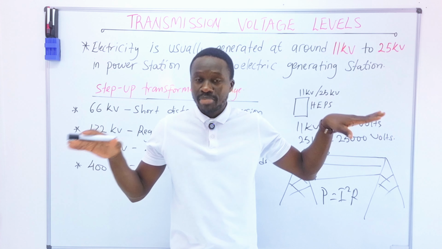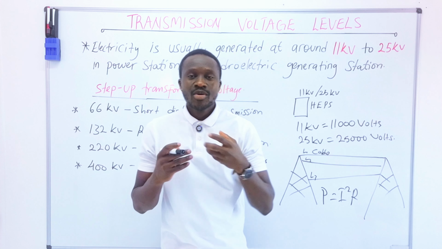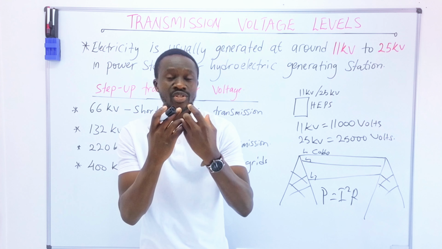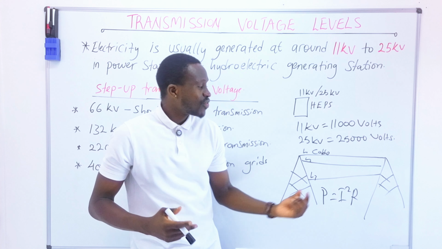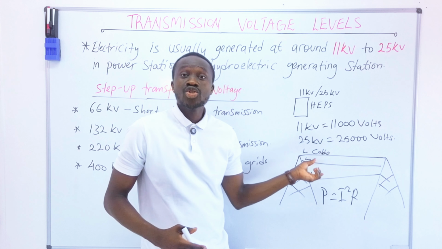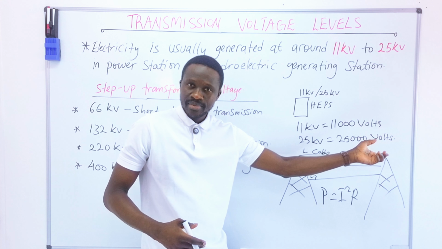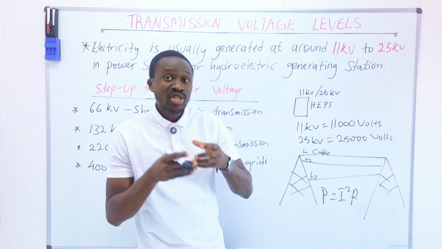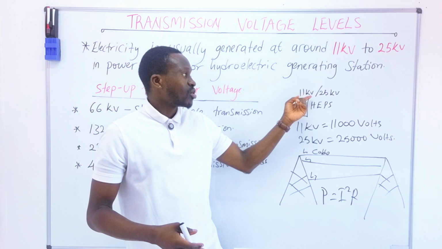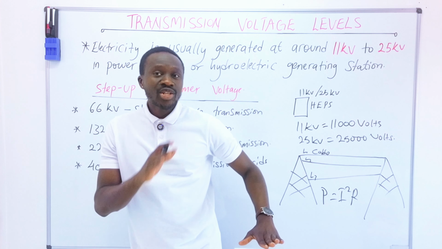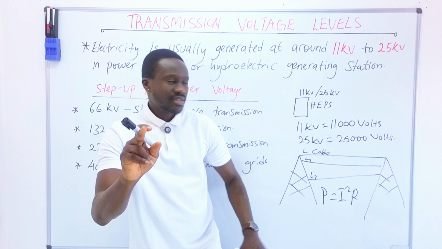We shall not lose power. I mean we shall not lose that electricity which we need to use in our houses, instead of losing it in the cables during transmission as heat. What causes heat is current. But once you step up this voltage, current will lower and you will not have heat in the cables.